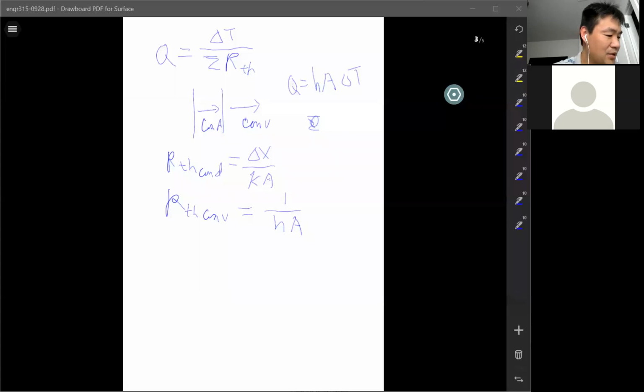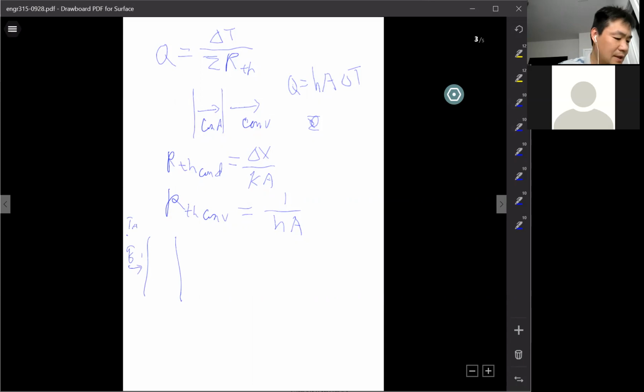Okay. That seems like textbook page 33, figure 2.5. You have a situation like this: you have a convection Q1 in here. Let's say T_A, the external temperature, right?